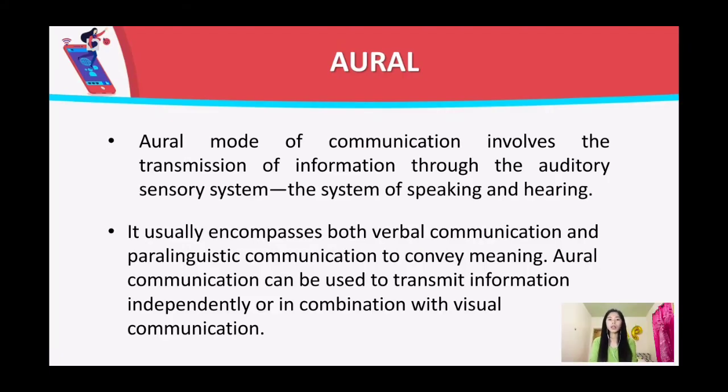Oral. Oral mode of communication involves the transmission of information through the auditory sensory system, the system of speaking and hearing. It usually encompasses both verbal communication and paralinguistic communication to convey meaning. Oral communication can be used to transmit information independently or in combination with visual communication.